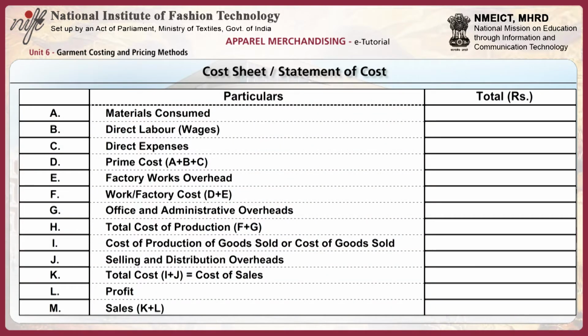The particulars of a cost sheet include direct materials, direct labor and or direct expenses. Prime costs are followed by the work overheads, for example administrative overheads, factory overheads, etc. The total cost as well as the cost per unit of each of these should be calculated.